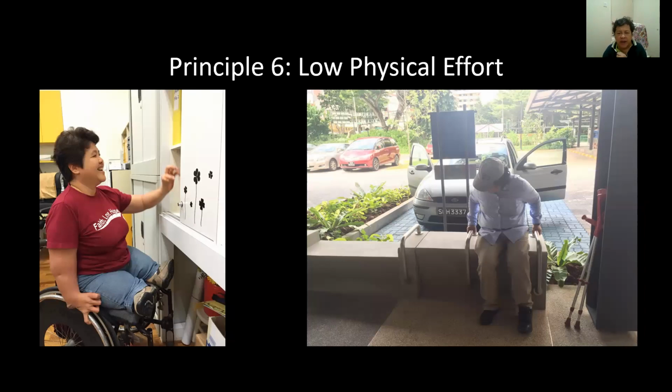For example, on the right, for people with weaker lower limbs, the extended rail would help them to propel themselves as they rise up to stand. And also, like I said about the sliding door, it has to be the right weight and easy for you to position yourself to push it, on the left photograph.